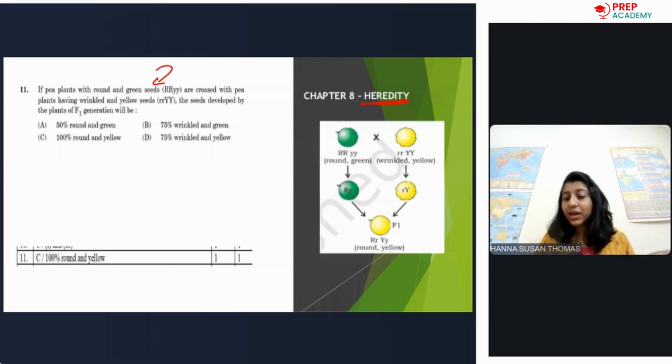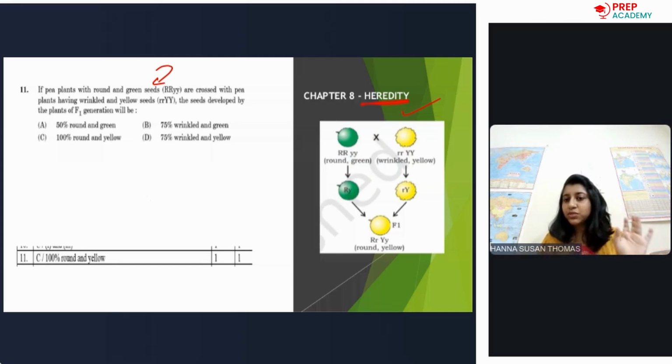But if you are fond of going through the diagrams and pictures given in your textbook, you will be able to easily tackle this question. So this is a diagram based question. It has been developed with respect to this particular diagram given in chapter 8, heredity.